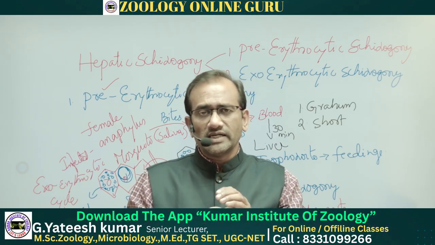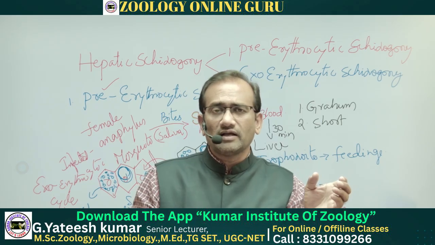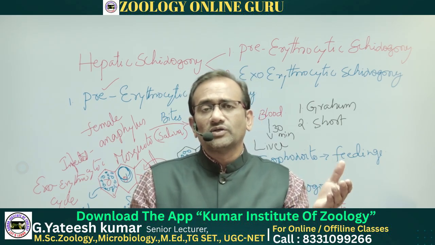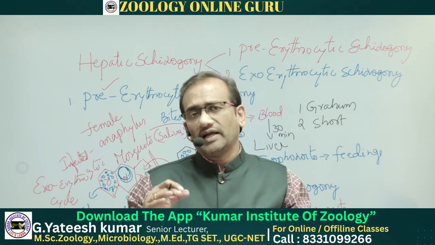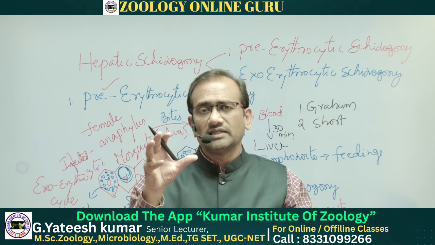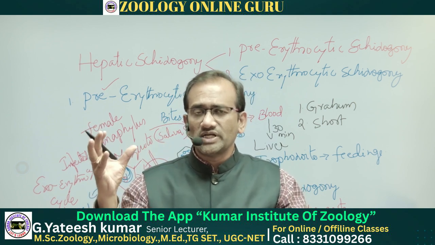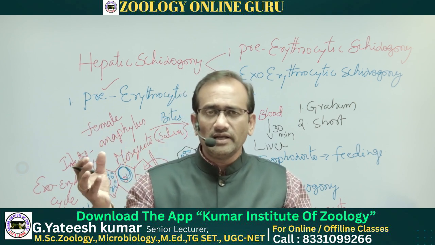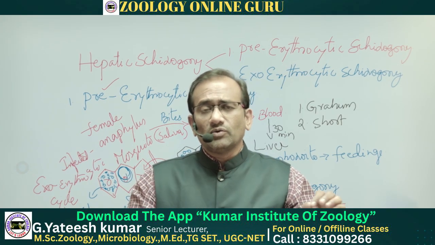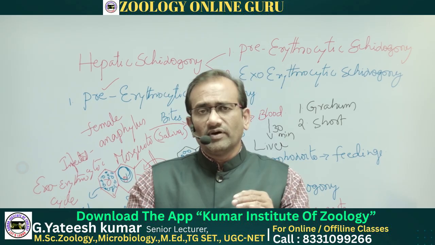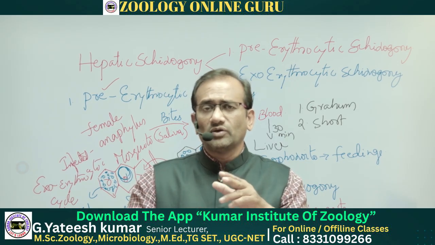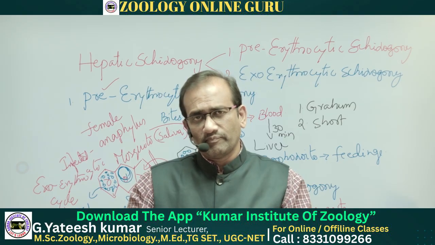These first generation merozoites enter into other fresh liver cells, which is called the exoerythrocytic cycle, and they follow the same sequence: formation of trophozoites, increasing in size, converting into a round shaped schizont. The schizont undergoes schizogony and produces second generation merozoites. So in the liver, the pre-erythrocytic cycle and exoerythrocytic cycle are both completed.